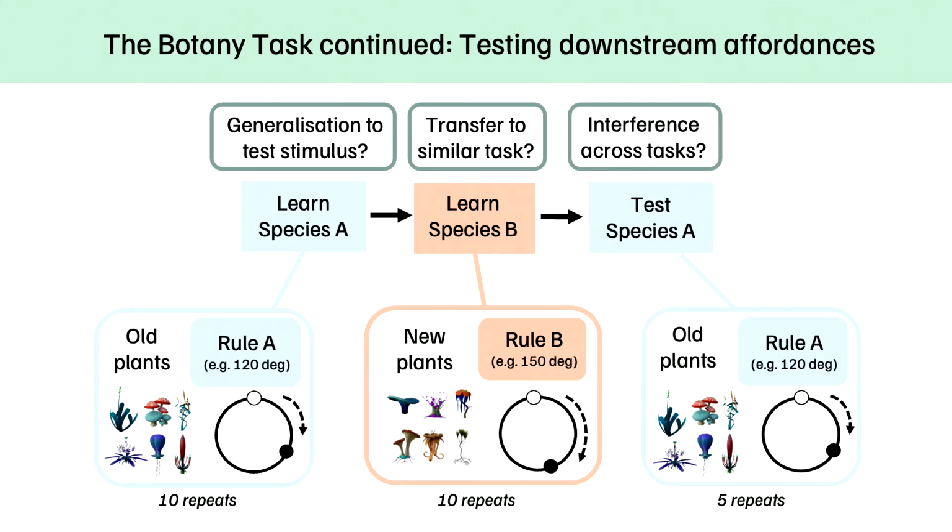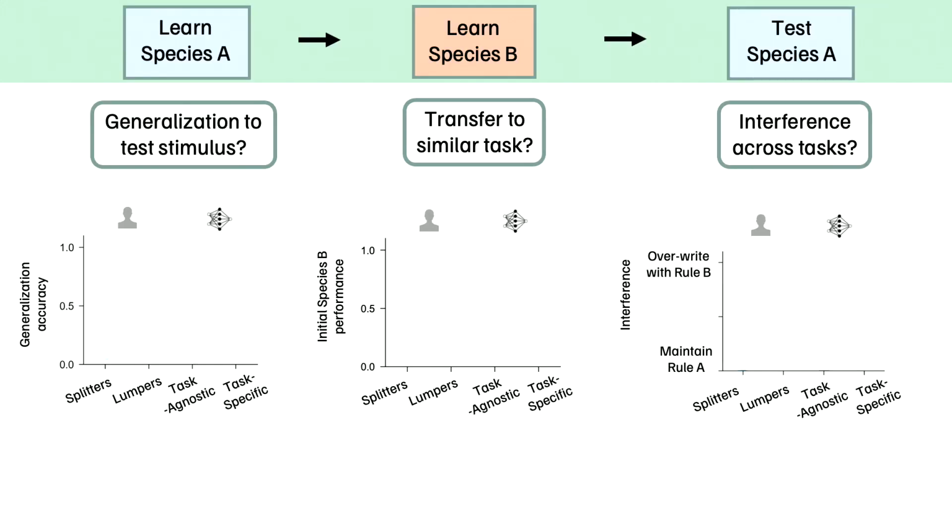And finally, interference across tasks, which we measure by whether, at the very end, the networks and people are using rule A or rule B for that first set. The right answer is that they should be using rule A, since these are the stimuli that haven't changed. But some people might end up moving over to using rule B by accident.